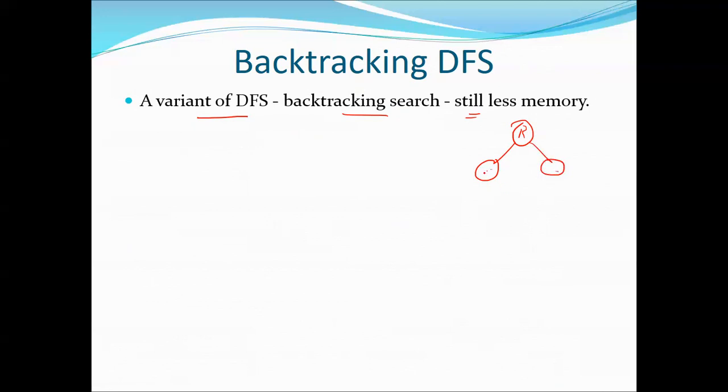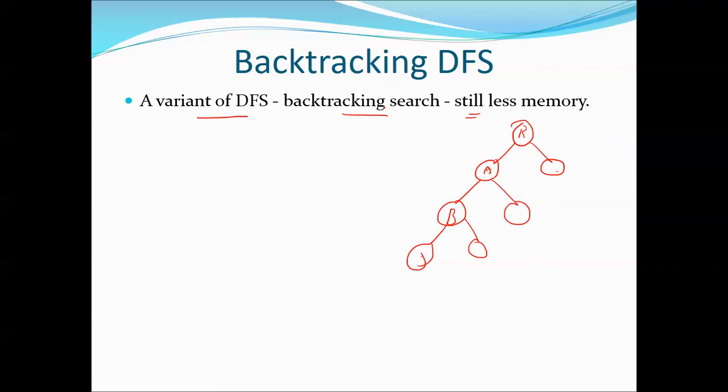Even though it creates all its children, it will take only this part. Then it checks whether this is a goal state or not. No. Then it expands all its children. So here I'm showing 2 children, but in reality there may be 10 children or 5 children or whatever it may be. Then it checks whether this is the goal state or not. No. Then it expands its children, and so on and so forth. It continues. This is how normal DFS works.